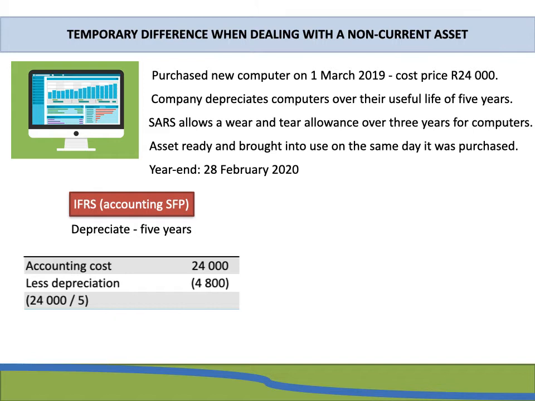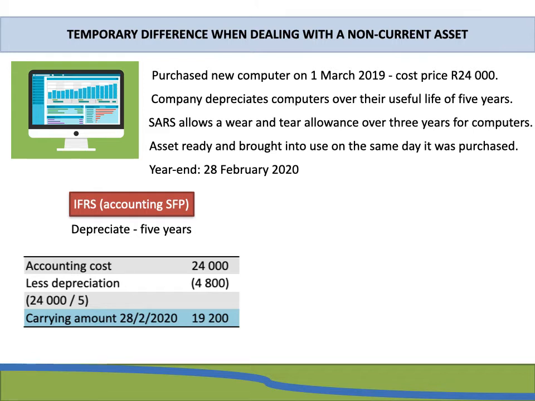To get the carrying amount at year end, we'll say our cost price minus depreciation, which gives us a carrying amount of 19,200. So as at 28 February 2020, the carrying amount that's going to be reflected on your statement of financial position is going to be 19,200. And this is the same amount that we are referring to when we are referring to the carrying amount that is used for temporary differences.